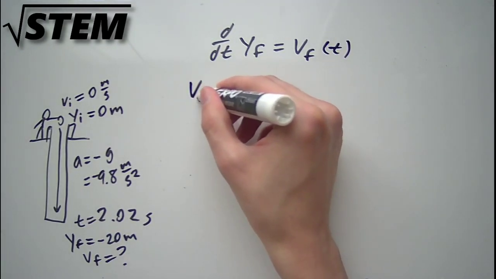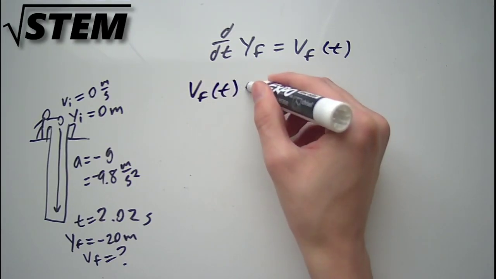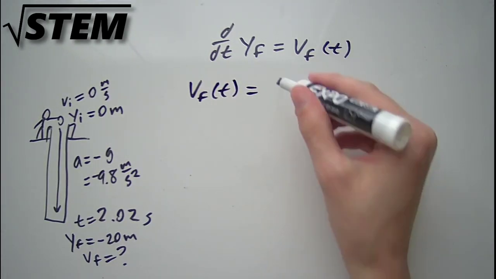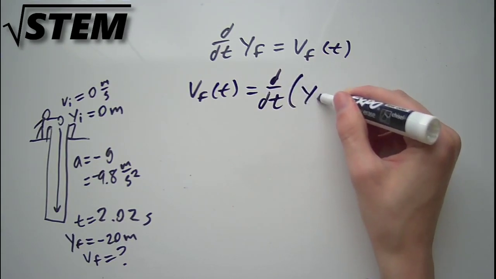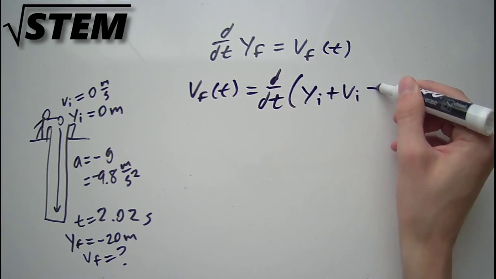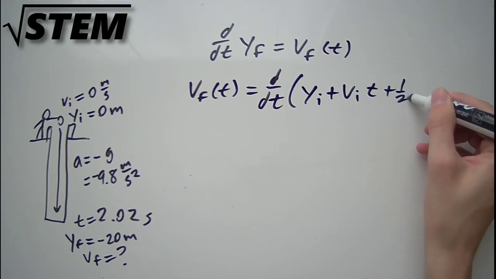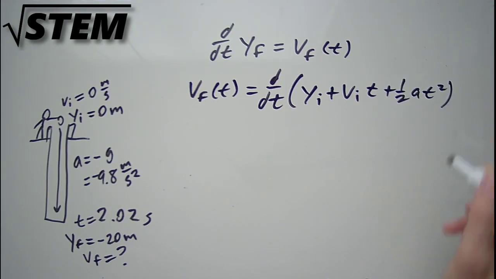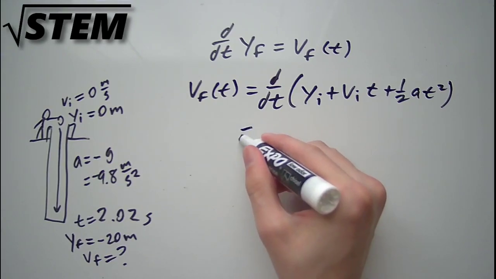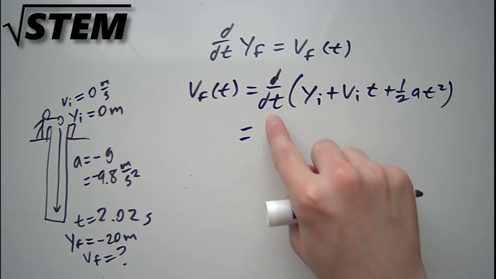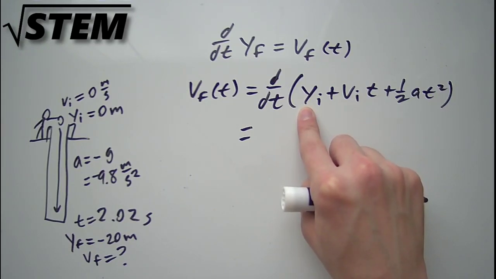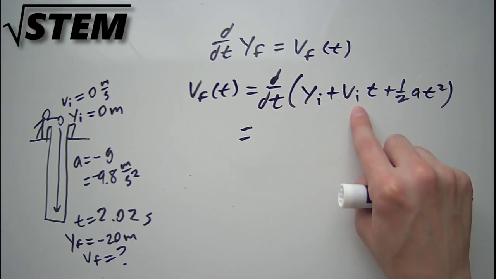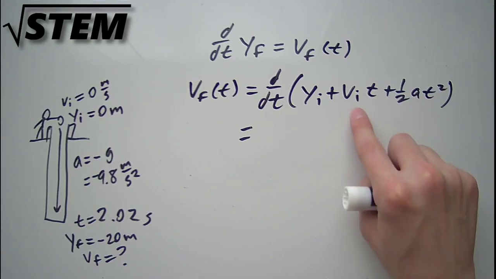So here, our velocity as a function of time will be the derivative of the position equation. Taking the derivative of this, the derivative of a constant is just 0, so that disappears. The derivative of a constant times t is just the constant.